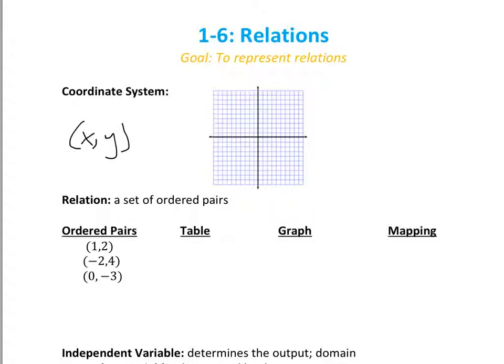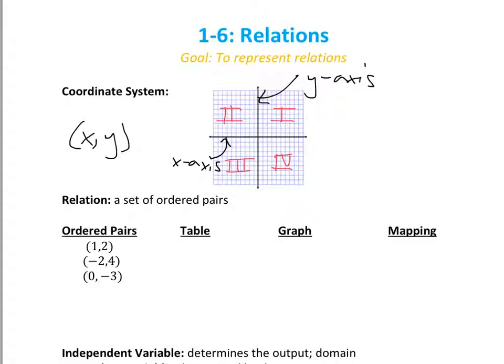The x is the horizontal axis, so this is called the x-axis, and the y is the vertical, called the y-axis. It's also broken into quadrants: quadrant 1, quadrant 2, quadrant 3, and quadrant 4. We use Roman numerals to describe those quadrants.